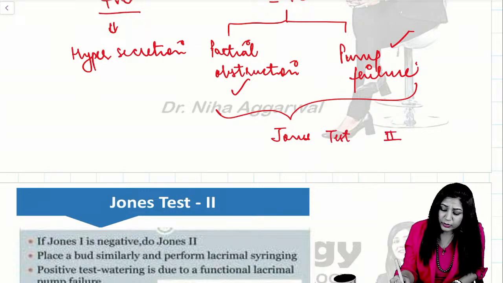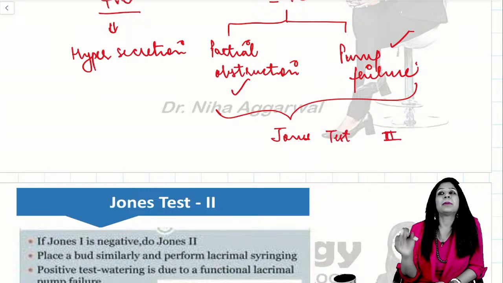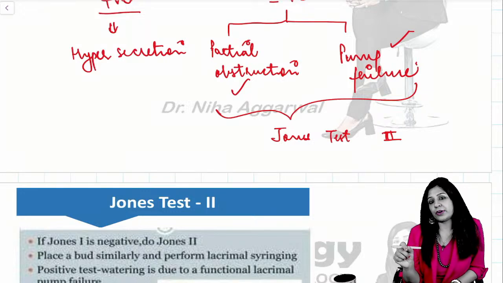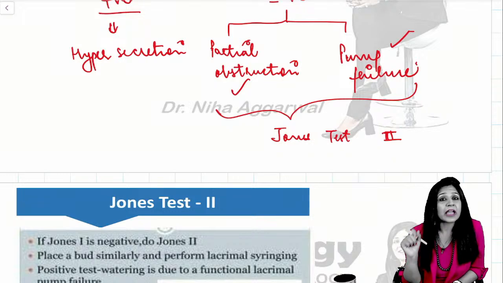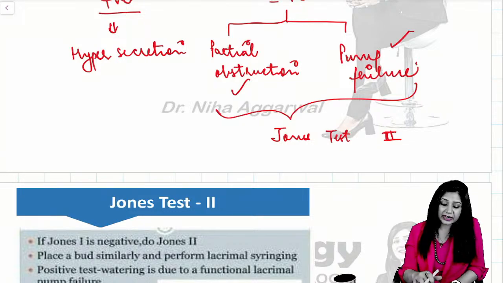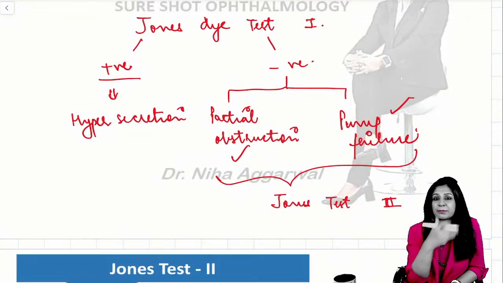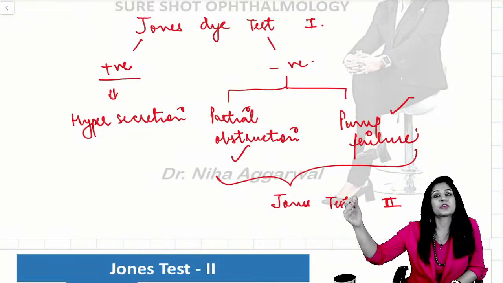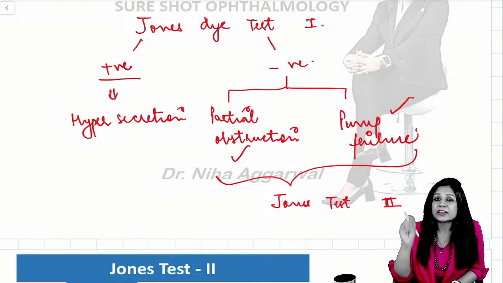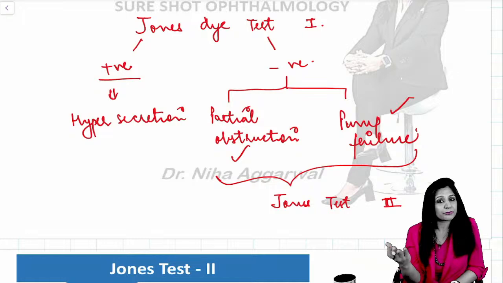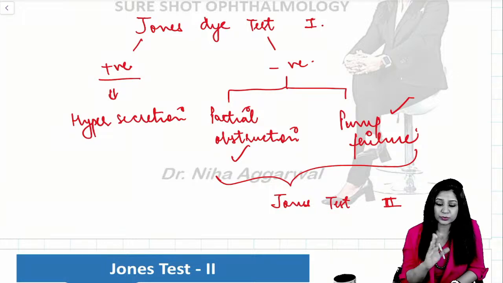We are not going into the details of the test, but you should know that we have this test and it is used for epiphora or hyperlacrimation. In the first one, we are differentiating between positive and negative: hypersecretion, or partial obstruction and pump failure. Now when it is negative and I want to find out the difference between partial obstruction and pump failure, then I can do the Jones dye test 2. That's it.